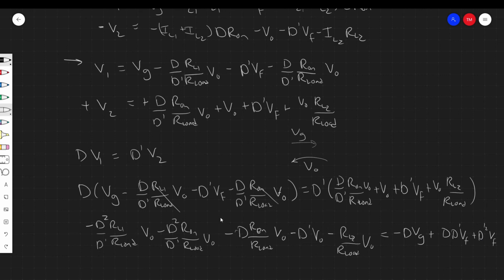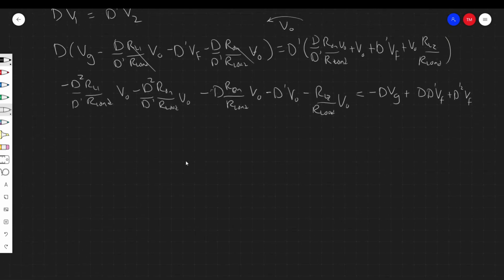All right, almost there. Now we just have to factor, right? There's a bunch of extra minus signs, so let's just get rid of all those minus signs. This becomes a minus sign, this becomes a minus sign. So we're going to factor out V out. Actually, what I'm going to do is factor out D prime V out from everything over here. So what are we going to get?